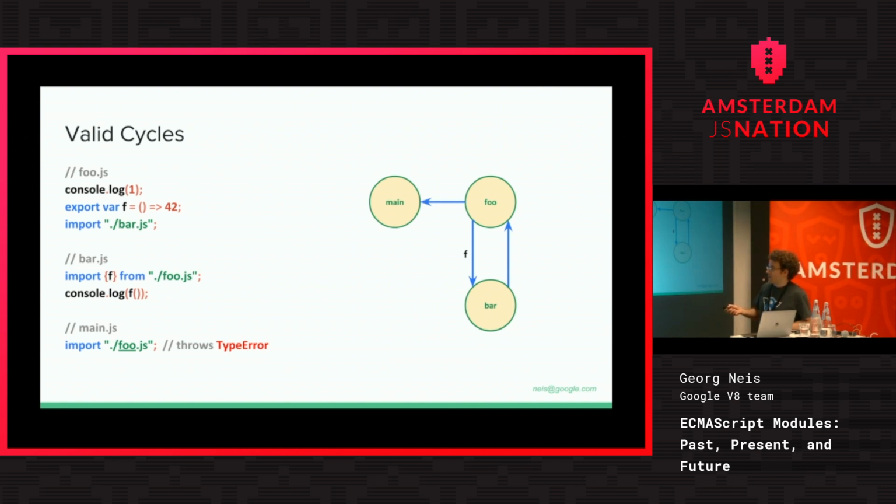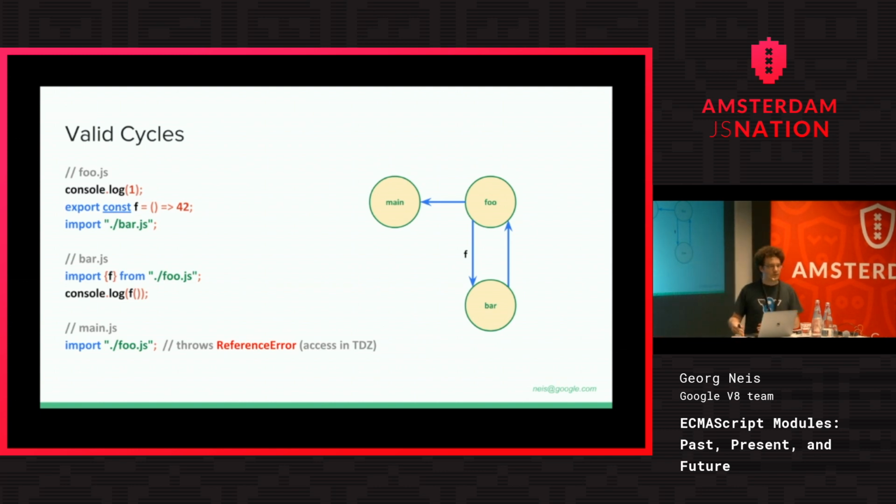Now I'm making another change. The definition of f, I'm changing it to a const declaration. Any guesses what will happen now? What will happen now is we will get a reference error. The evaluation proceeds the same way as before. At this point, f is uninitialized.